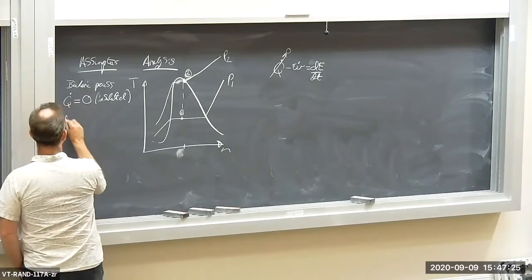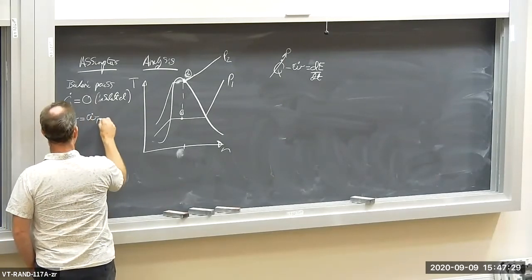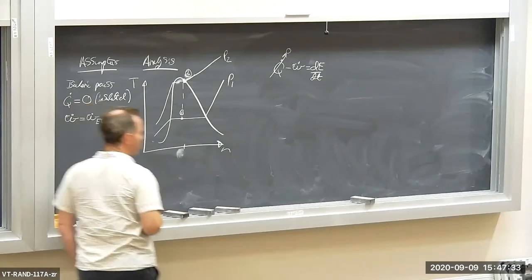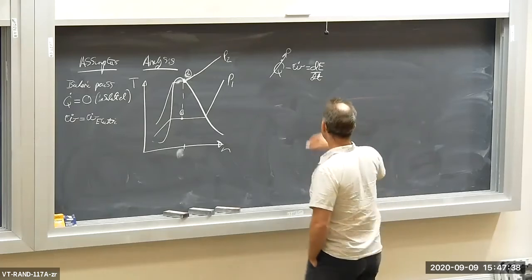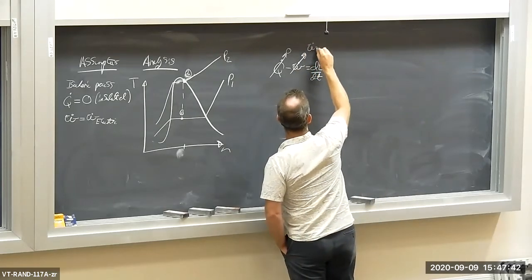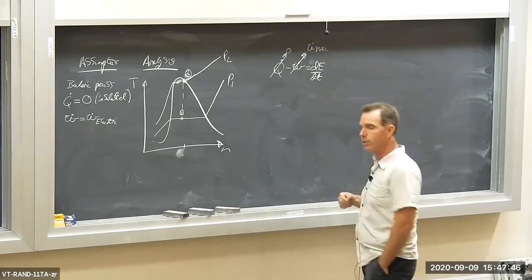I'm going to write here, W dot is equal to W dot electric. It's an isochoric process. We're assuming it to be isochoric. No shafts in there, so I think that's a good assumption. Okay, that's what W dot is.